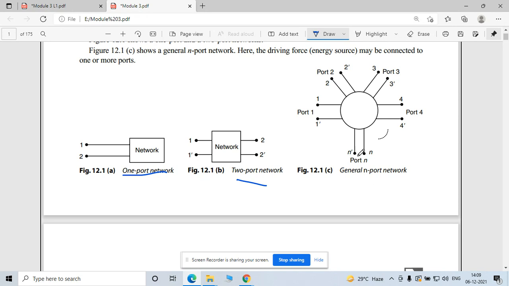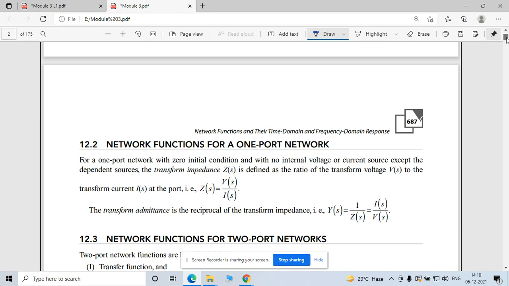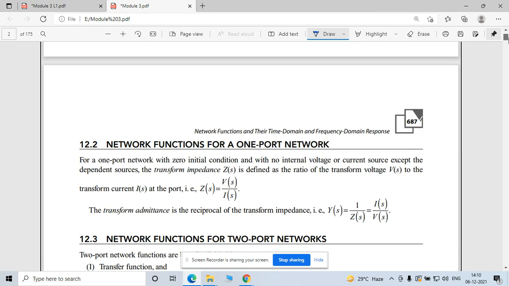So there can be n ports for a particular circuit, and you can say this is an n port network. For different types of port networks, you can get different port responses.